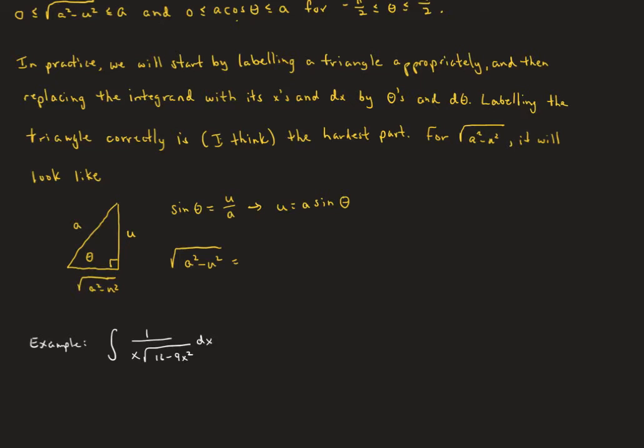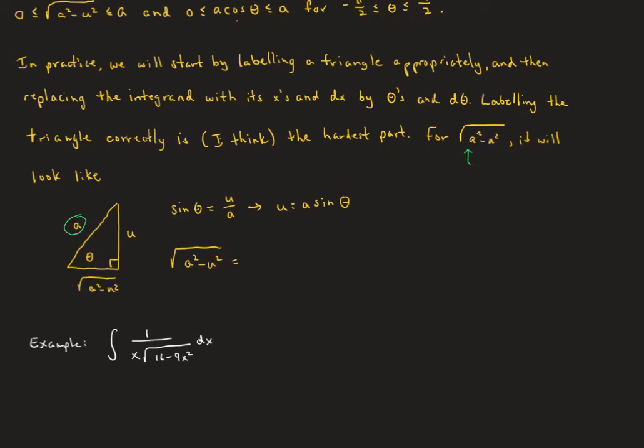Now, our clues or cues are going to come from, if we have a square root with a minus sign in it, which one comes first. So it's either going to be a square root of a squared minus u squared or a square root of u squared minus a squared. Whichever one comes first in the subtraction becomes the hypotenuse.